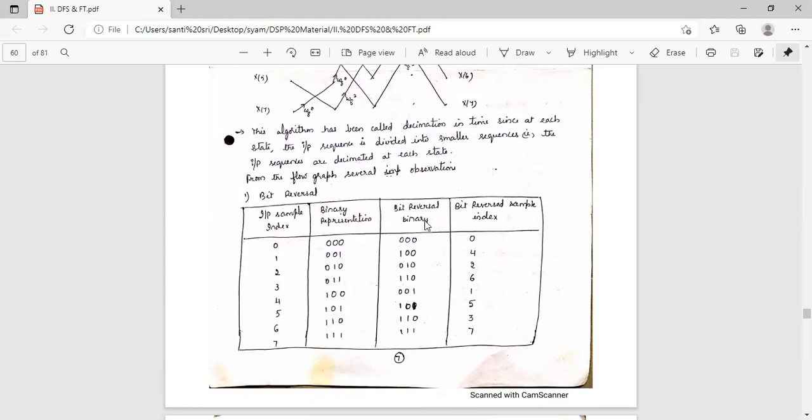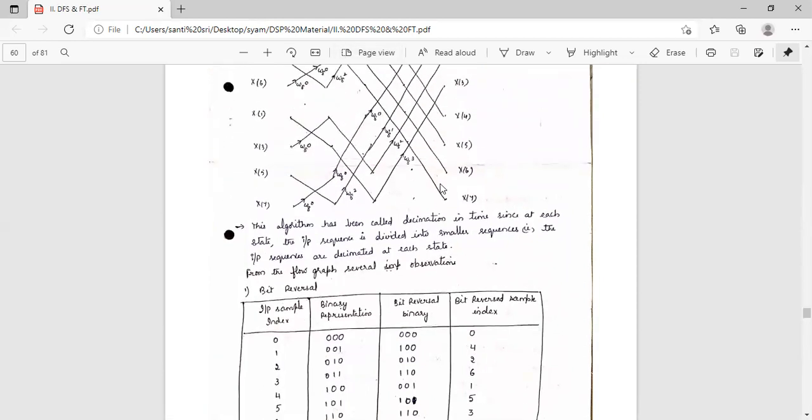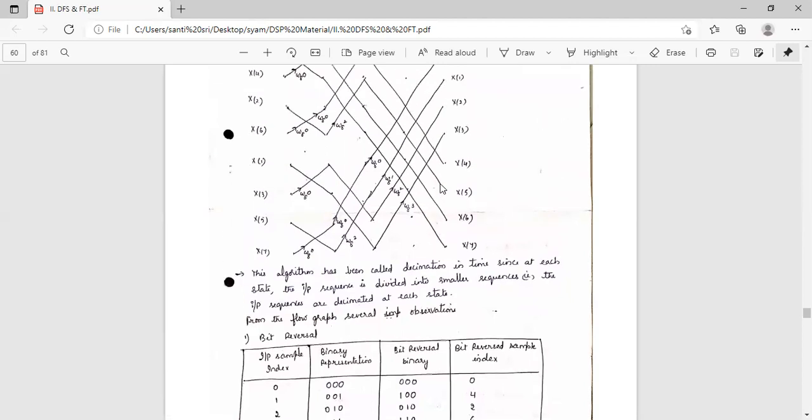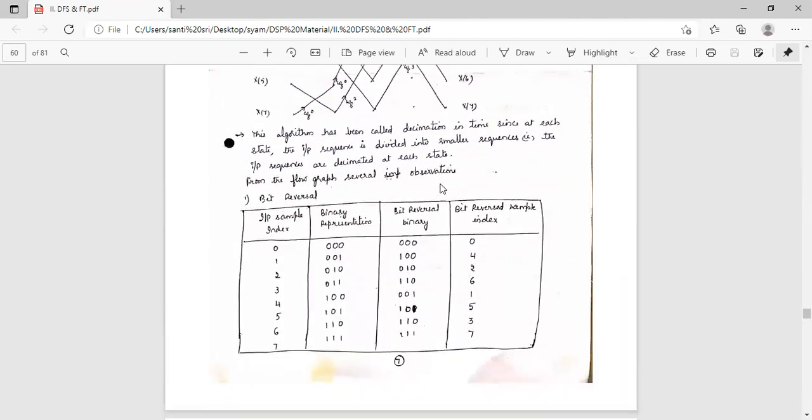Then we take the binary bit reversal of this, so that we get 0, 4, 2, 6, 1, 5, 3, 7. So first we have to take the bit reversal of the inputs: 0, 4, 2, 6, and 1, 5, 3, 7.